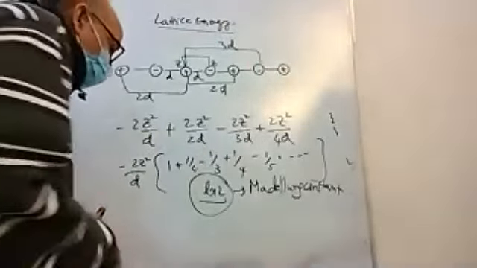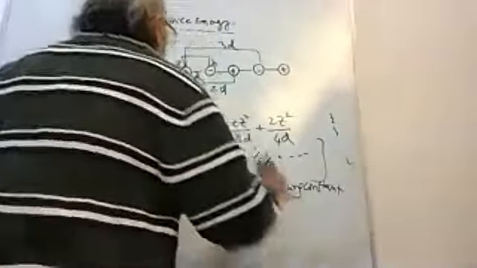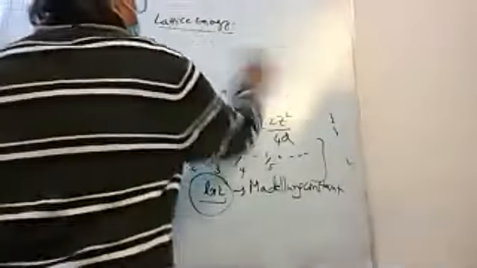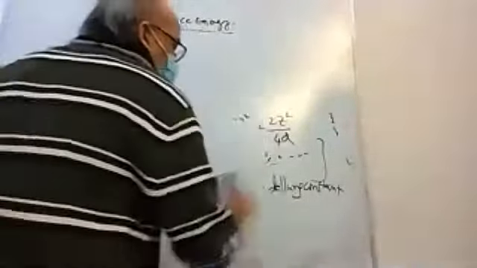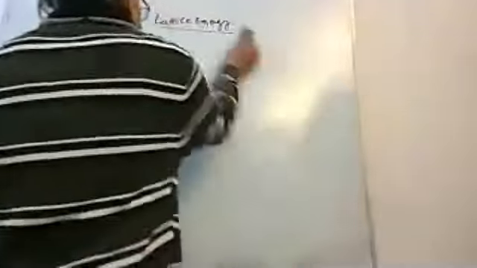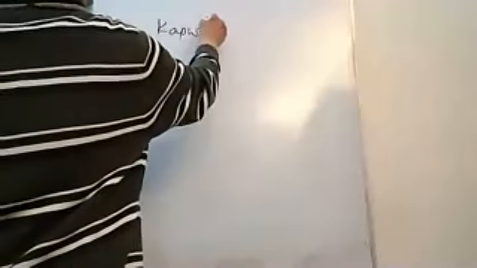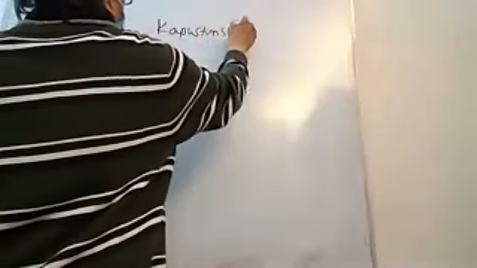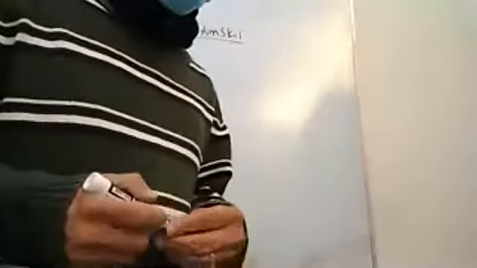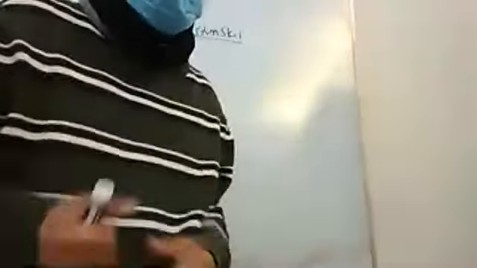So one way to avoid all these things, because of the complexity here, a Russian scientist by the name of Kapustinsky came up with a simple equation that will allow us to calculate the lattice energies of any imaginary ionic solid.